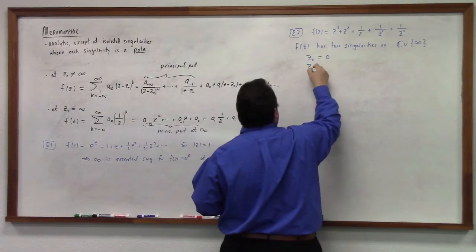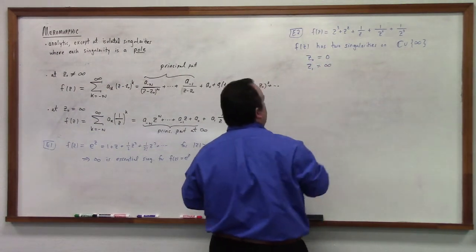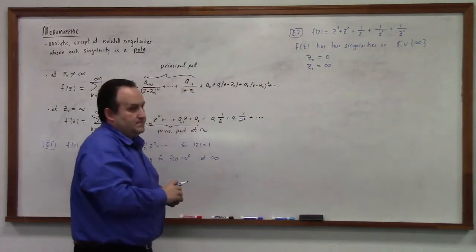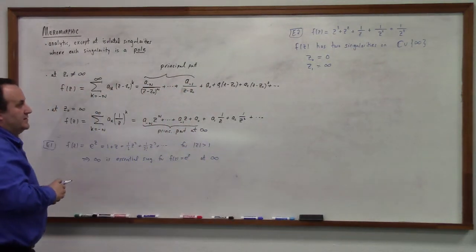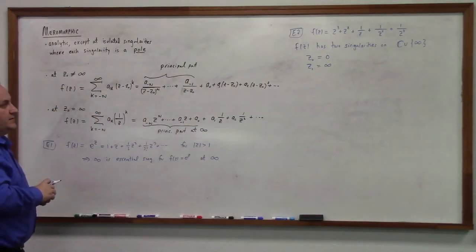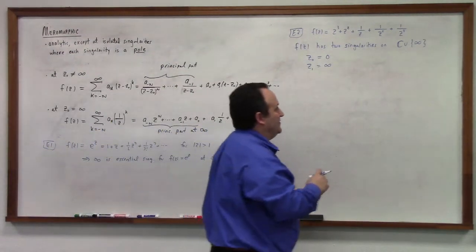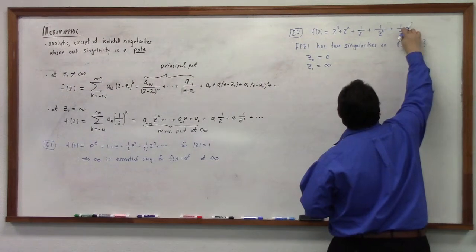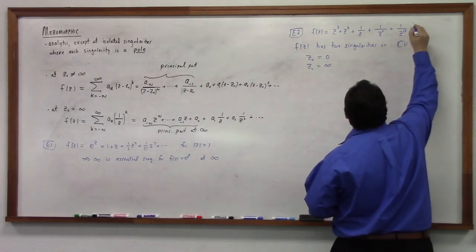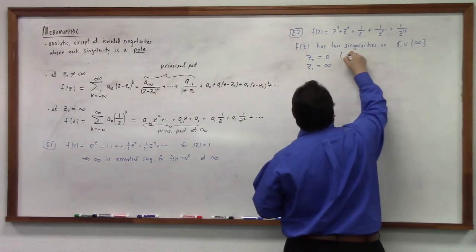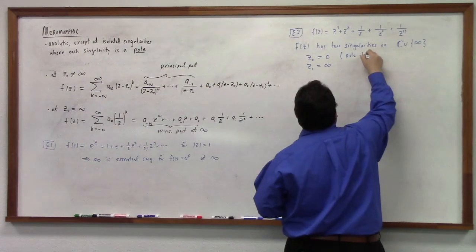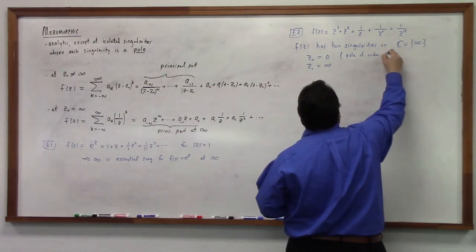And z1, I'll call it, equal to infinity, right? And so, oh, my bad. Let me make that a 13 instead of a 3 here. Yeah, 13. So at z equal to 0, we have a pole of what? A pole of order 13, right?